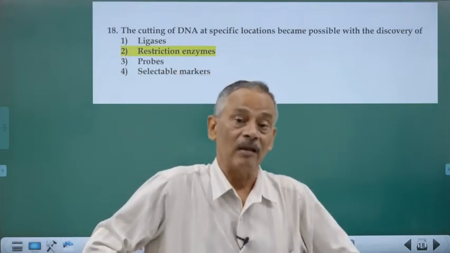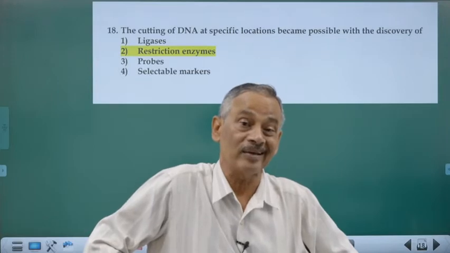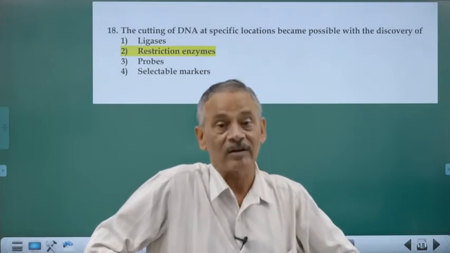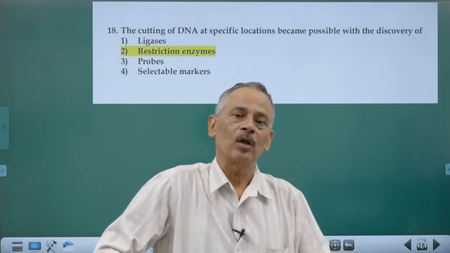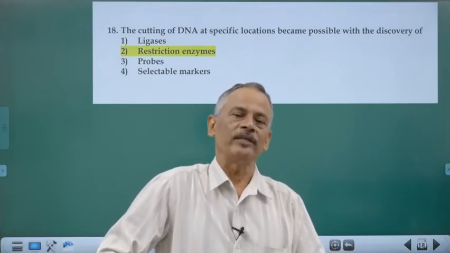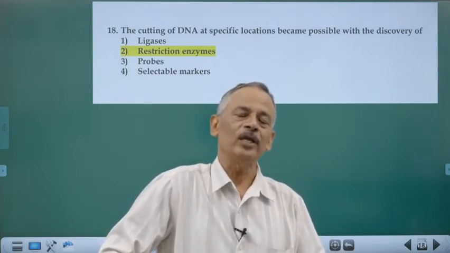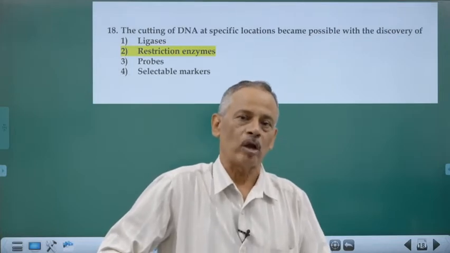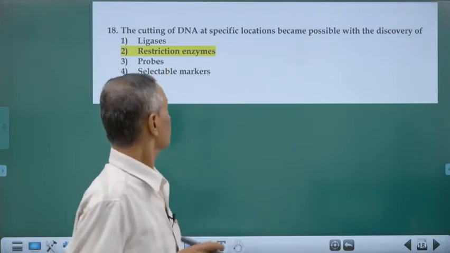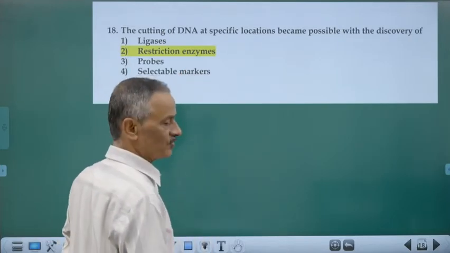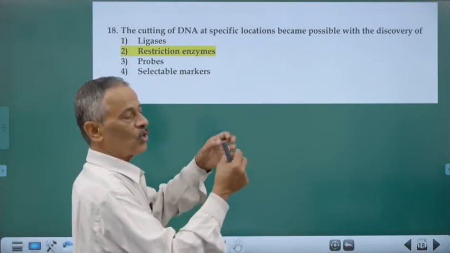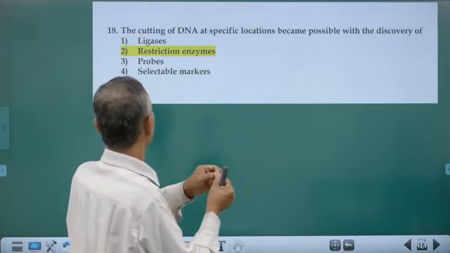More than 900 restriction enzymes are isolated and purified that we can use for cutting and joining. So they are the molecular scissors or molecular scalpels, restriction enzymes. Ligases are molecular glue for joining DNA of different sources.